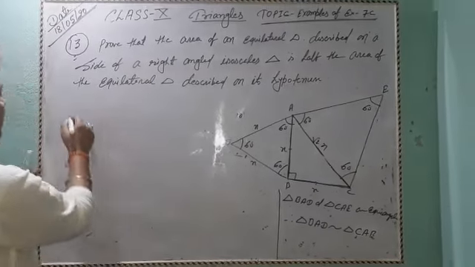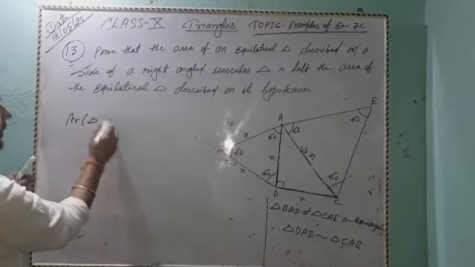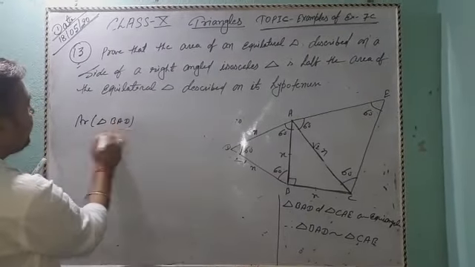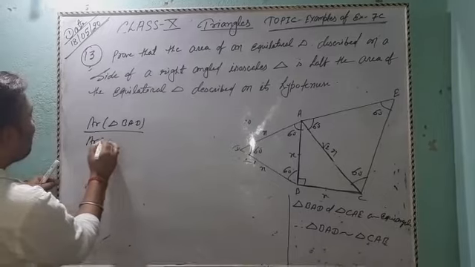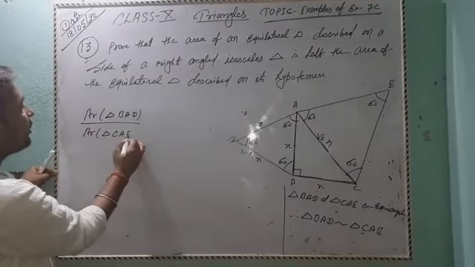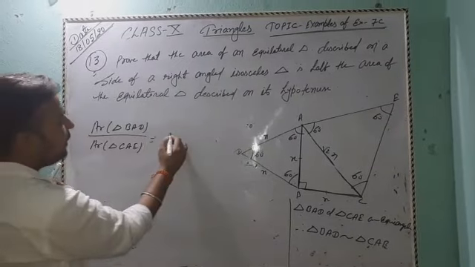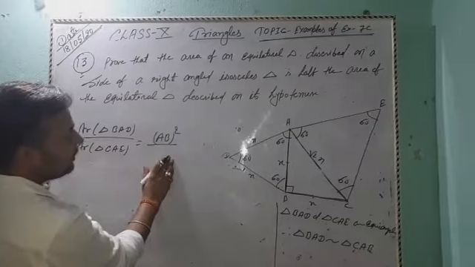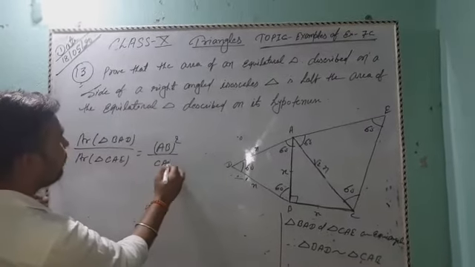So area of triangle BAD divided by area of triangle CAE equals AB square by CA square.